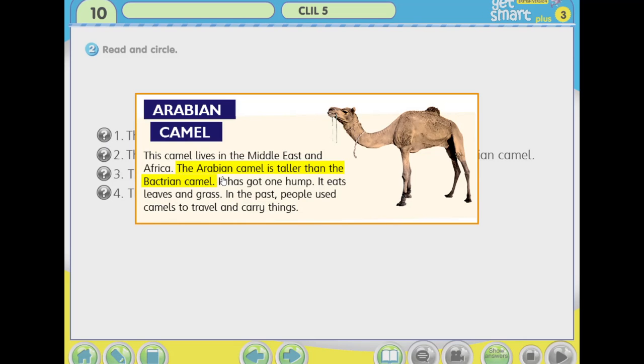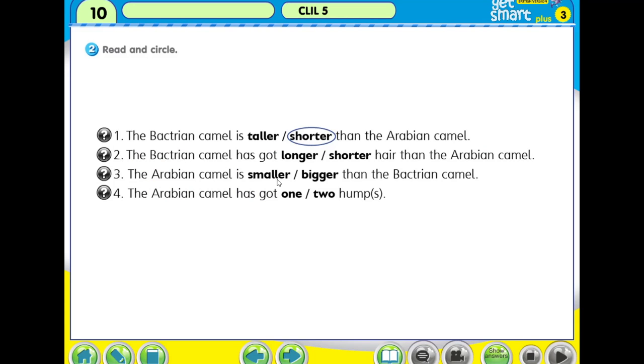Because it says here in the passage, the Arabian camel is taller than the Bactrian camel. So, Bactrian camel is shorter. Okay, number 2, number 3, and number 4. Longer or shorter hair. Smaller or bigger than. 1 or 2 humps.